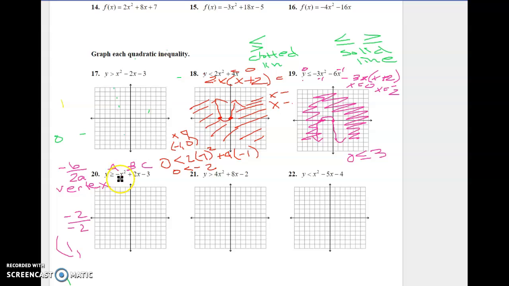So then we'll find the y value by plugging in 1. So we've got negative 1 squared plus 2 times 1 minus 3. So that's going to be negative 1 plus 2 is 1. 1 minus 3 is negative 2. So 1, negative 2. It's going to be a solid line and open down.